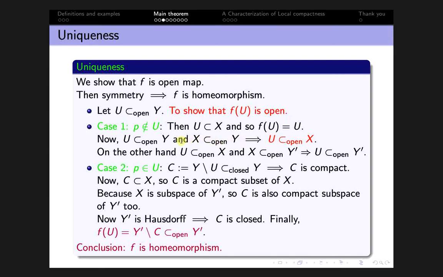On the other hand, we have U is open in X and X is open in Y prime. These two conditions together imply that U is open in Y prime.